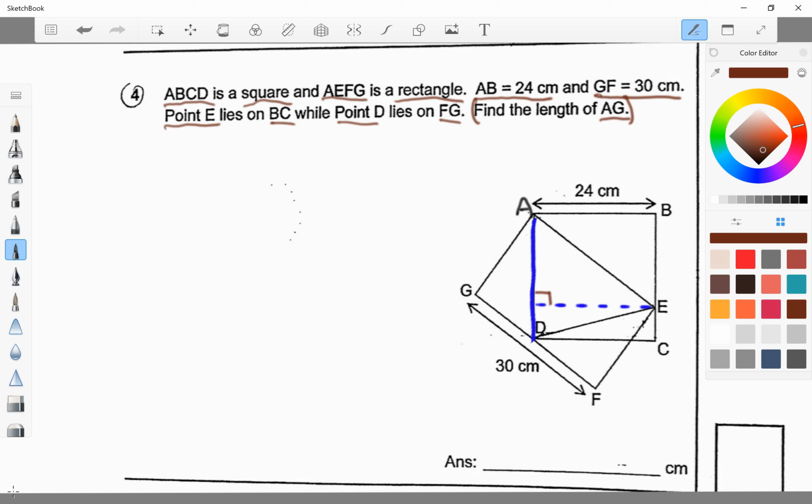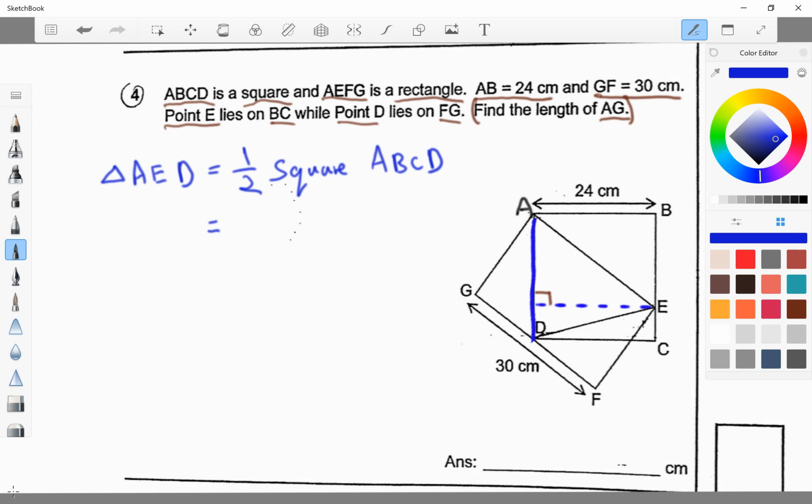Okay, so we also say that this triangle AED is half of this related square. Okay, let me just write it down for everyone. Triangle AED is half the area of square ABCD, because you realize that the length of ABCD happens to be the base of triangle AED, and at the same time the height of triangle AED also matches the length once again.